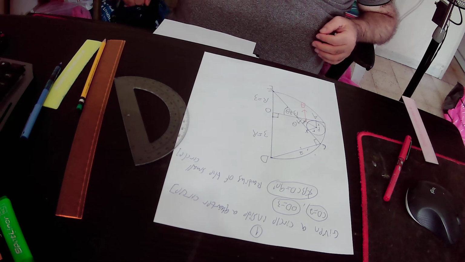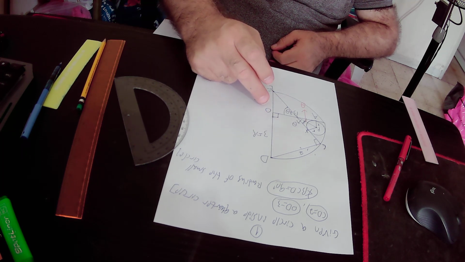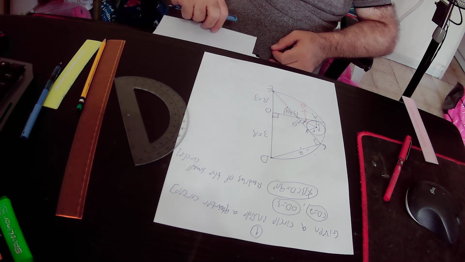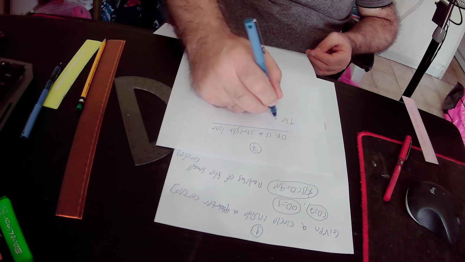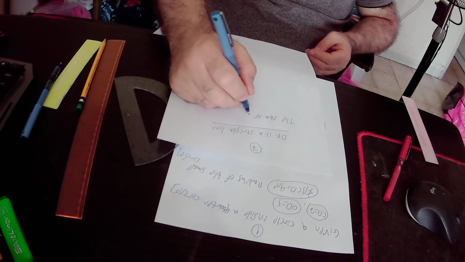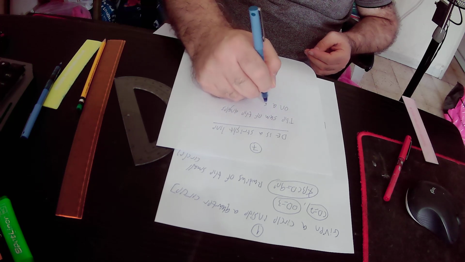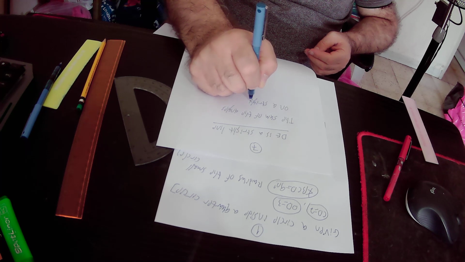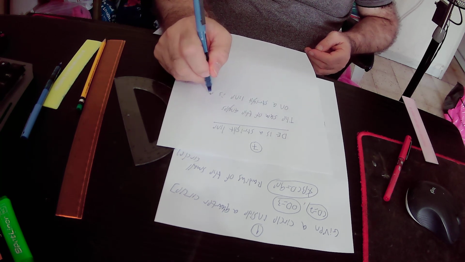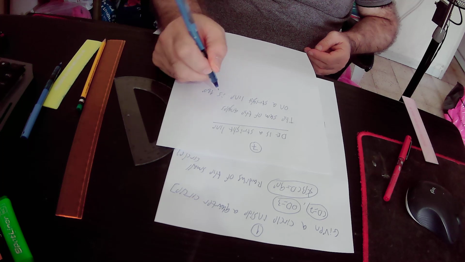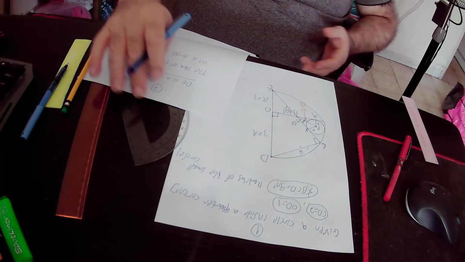If we focus at point O on the straight line DE, the sum of the angles must be equal to 180 degrees.